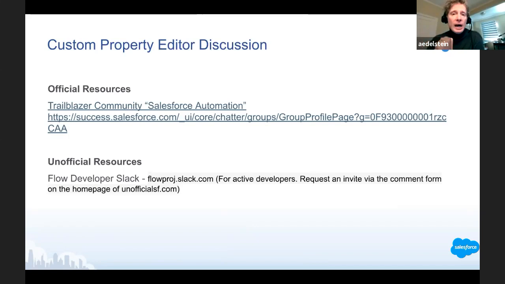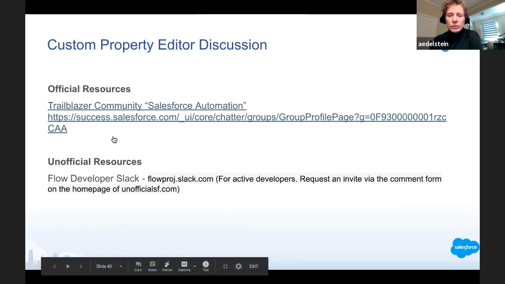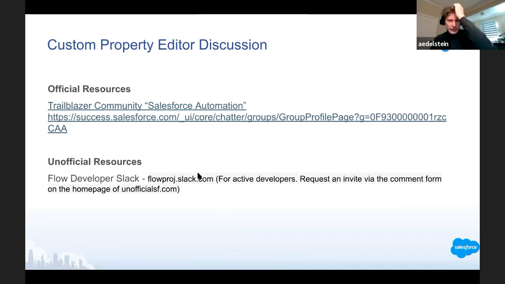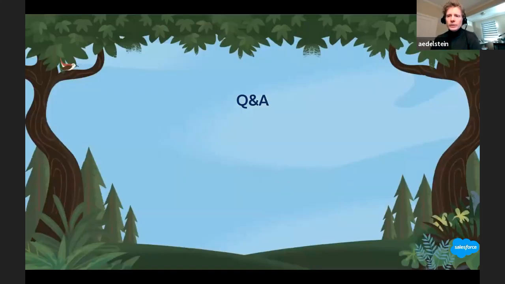So if you are doing active development of Flow components and want access to that, post a comment on the unofficial sf.com website. This first resource is official, and the developer Slack channel is unofficial. It's not an official Salesforce resource. And that's basically the introduction.